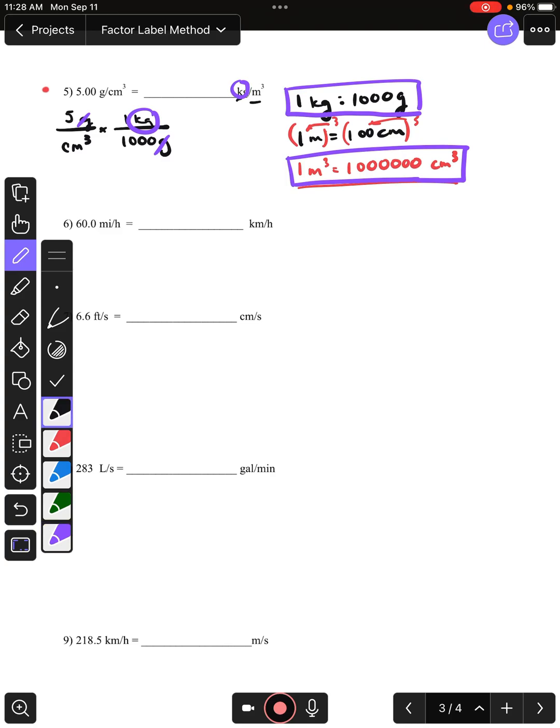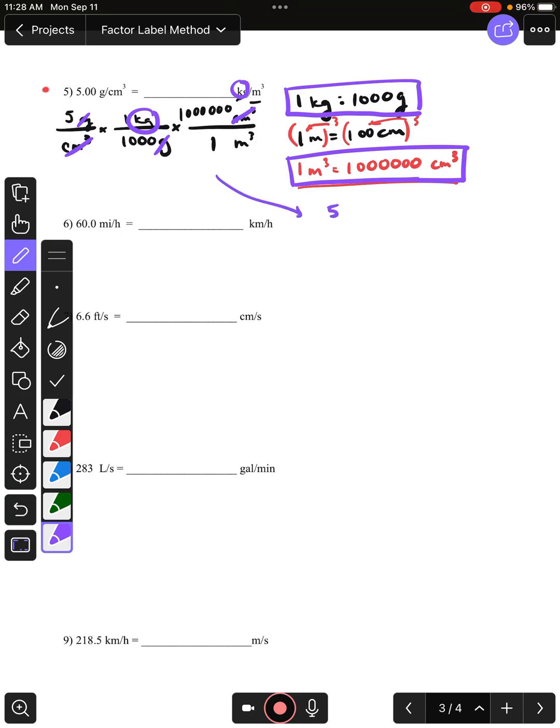Yay! Now, to get rid of the centimeters cubed, I'm going to put centimeters cubed on top. So centimeters cubed over meters cubed. Meters cubed is what I want in the denominator, and I don't know if I left myself enough room to do 6 zeros, but it's 1 million on top and 1 on the bottom. My centimeters cubed cancel. And I'm just going to go ahead and rewrite this fraction down here.